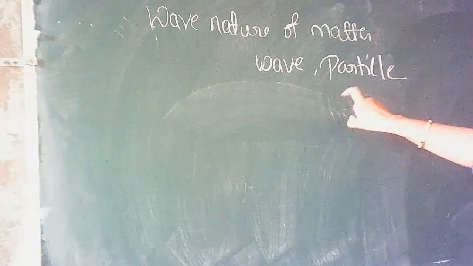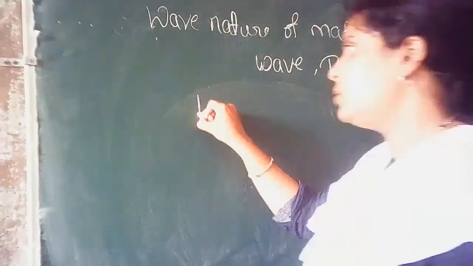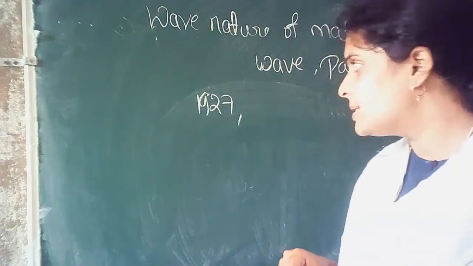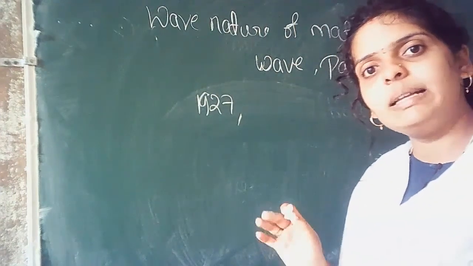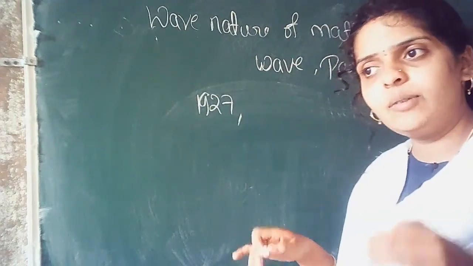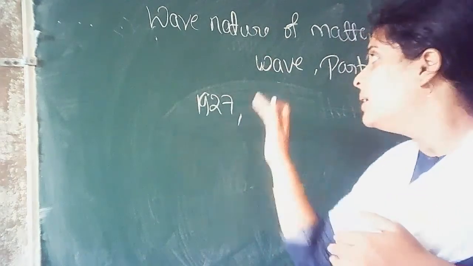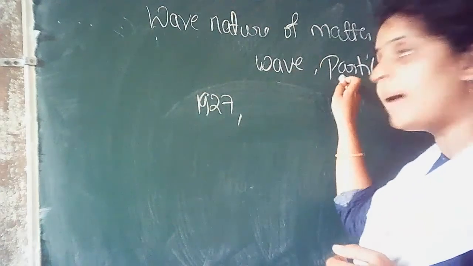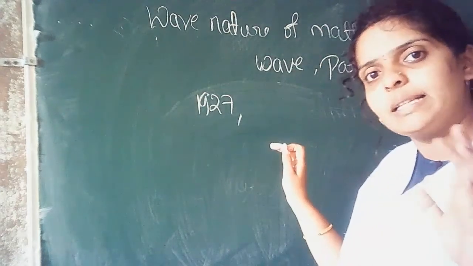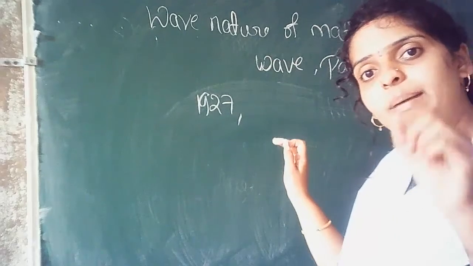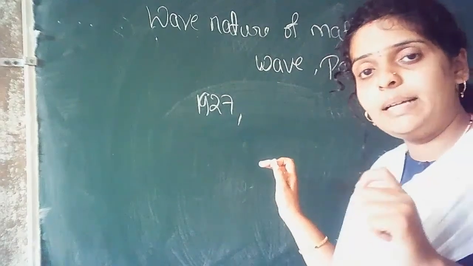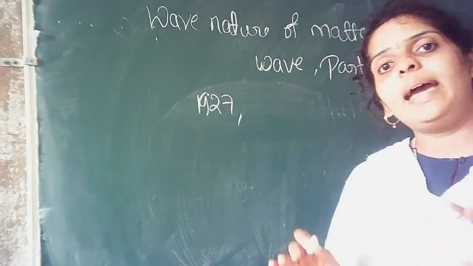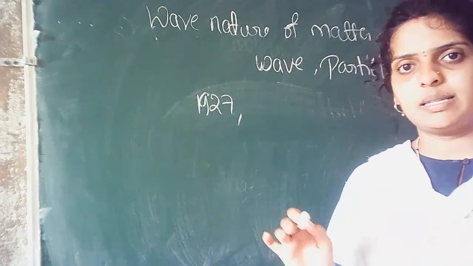So we have proof also for this in 1927. Davison and Germer gave an idea that moving matter behaves as both wave nature as well as particle nature. That experiment was there in your syllabus, but in the updated syllabus for this academic year, they have removed the Davison and Germer experiment.